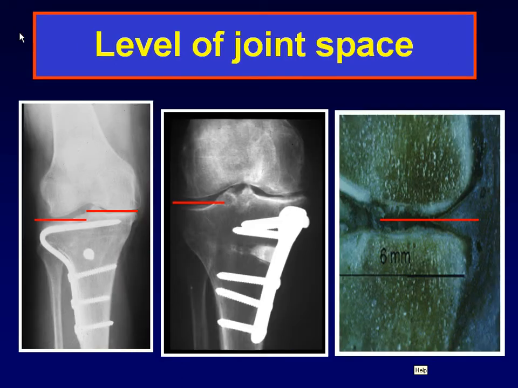According to the level of the joint space, of course, if you have a closed wedge, like here, the medial compartment is at the good place, and the lateral is not at the good place because you have removed bone. If you are doing an opening wedge, the lateral compartment is at a good level, so you can judge the level of the cut on the lateral compartment.